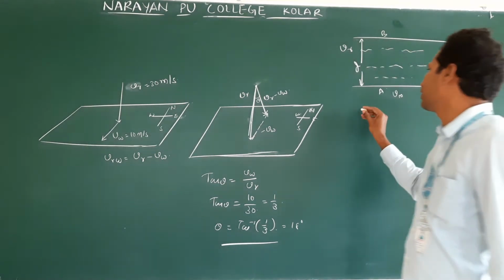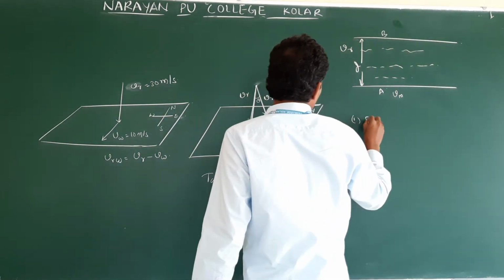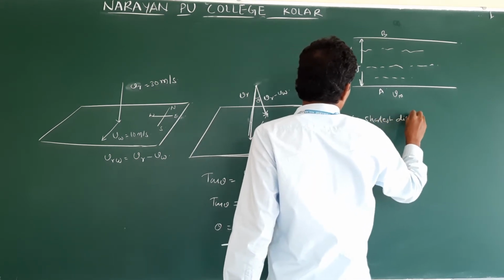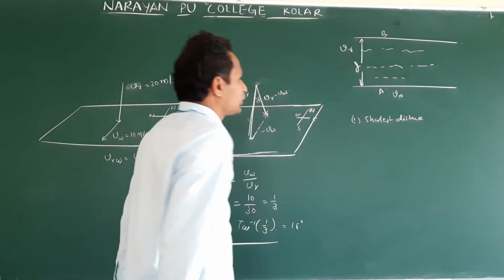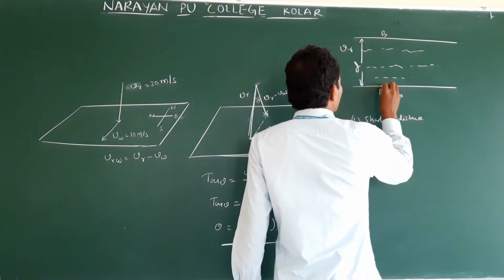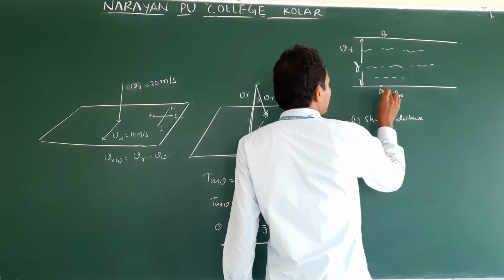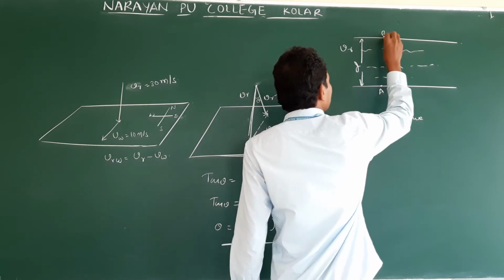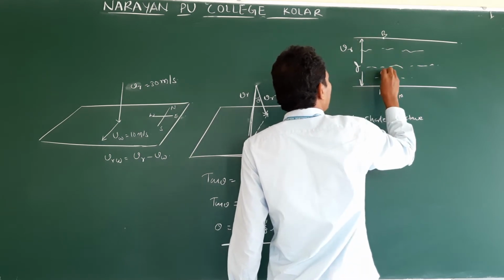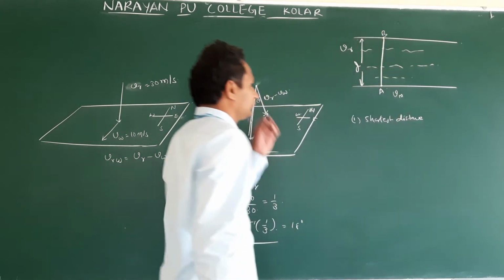Clear? First we will try to follow shortest distance. Shortest distance means suppose a person starts at A, and he reaches exactly opposite to A, that is B. If you follow this path, this is the shortest path.